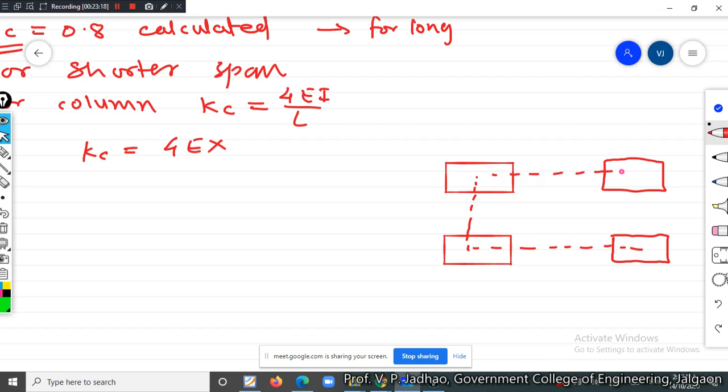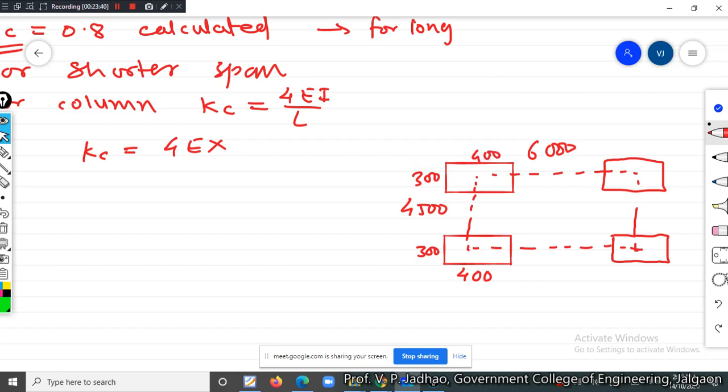This is an imaginary line joining. This is 4500, that is the shorter span, and this is 6000 mm, that is the longer span. Again we know that the depth along the longer span is 400 mm and the depth of the slab along the shorter span is 300 mm.